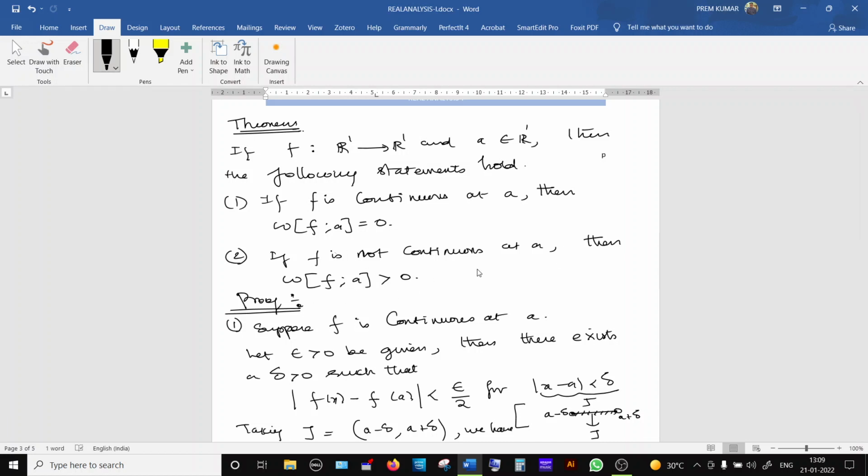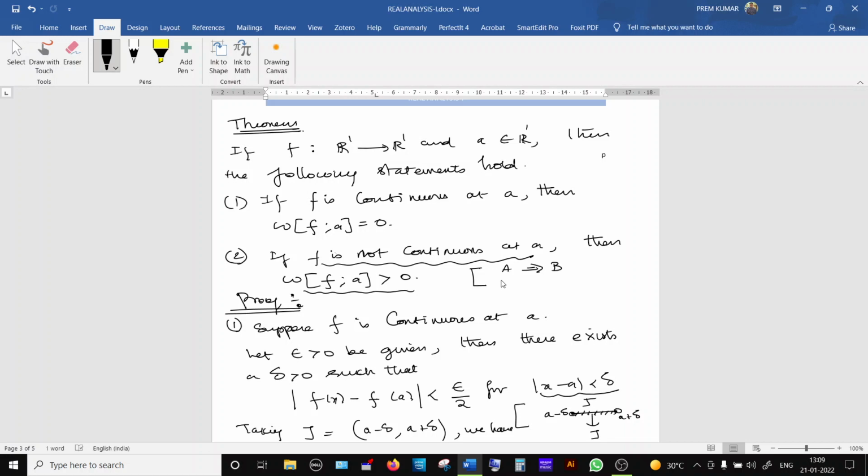This is a implies b, that is, a is the function f is not continuous, then b is the oscillation at this point a must be greater than 0.